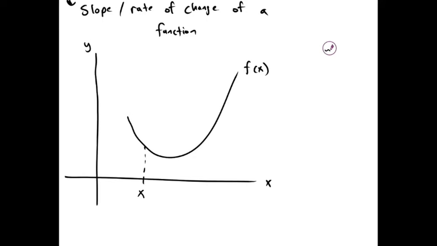We know how to find the average slope between x and some point called x plus delta x, so there's a distance delta x in between them. We want to find the slope of the secant line.